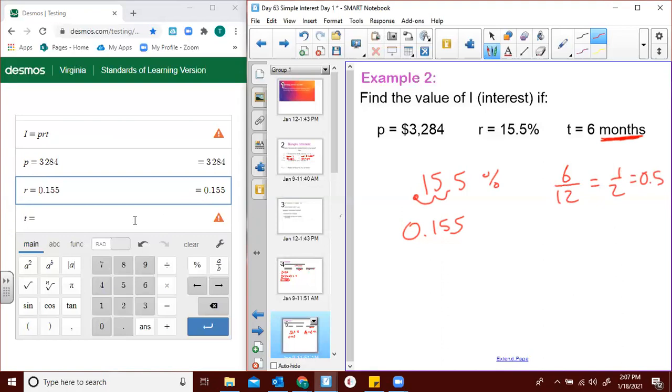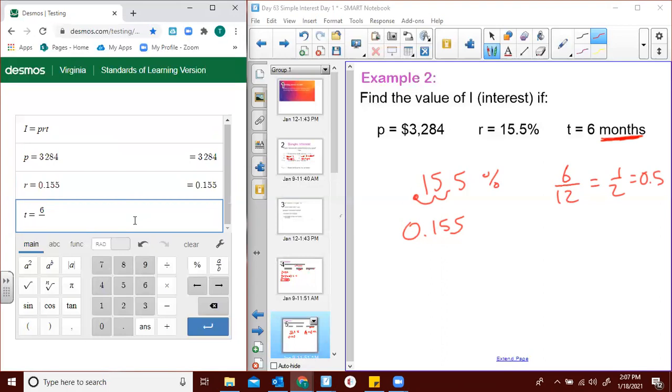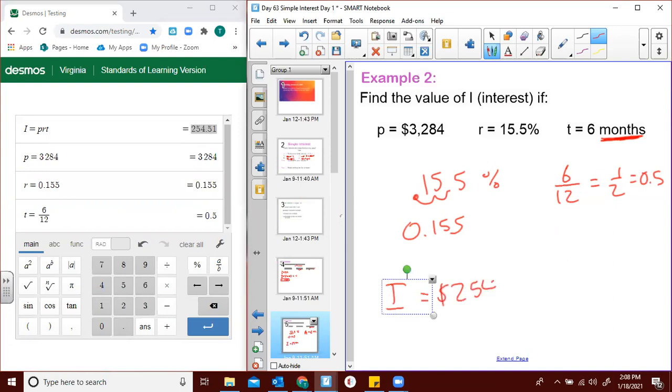To make it easier with the least amount of number crunching, I'm just going to put 6 over 12, and you'll see that it gives me 0.5. Look, it also filled in what my I equals. I equals PRT, which equals $254.51. Just like that in Desmos, so that would be our answer.